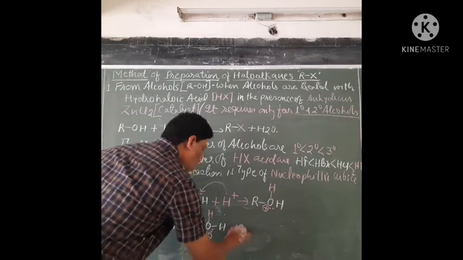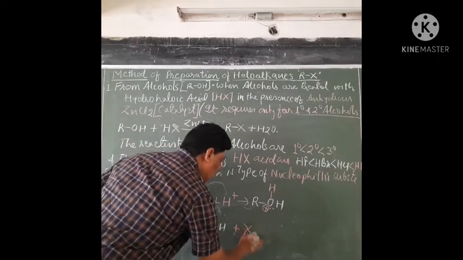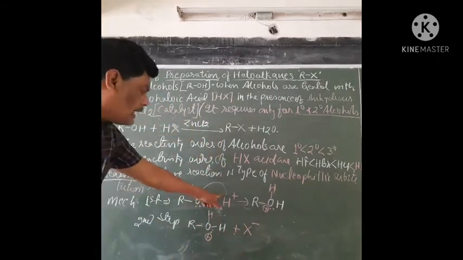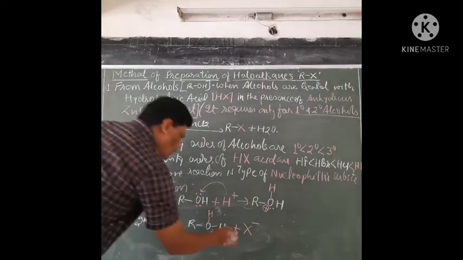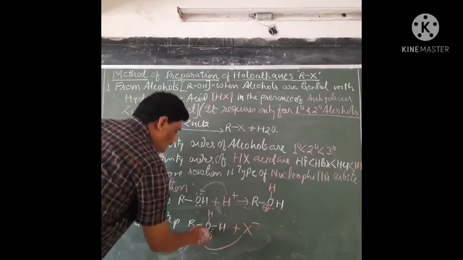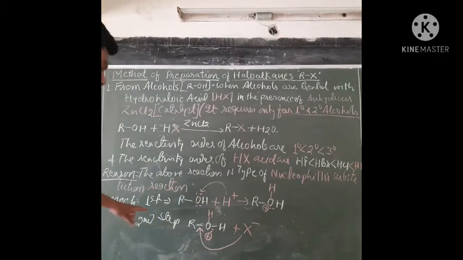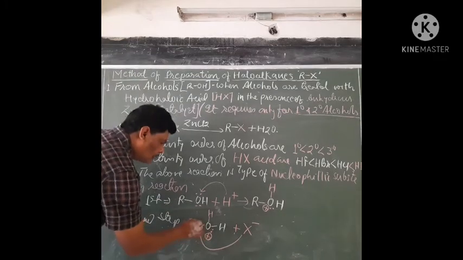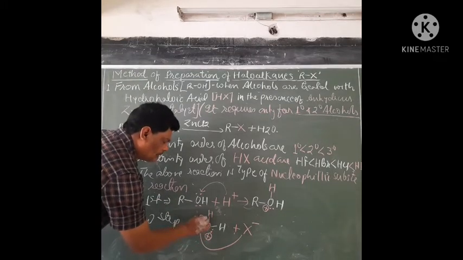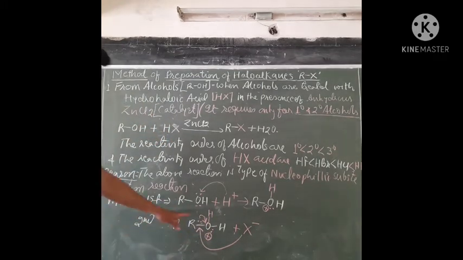Now the X anion released by HX attacks R. Why? Because now there is an electron deficiency, so the bond pair is accepted by oxygen.